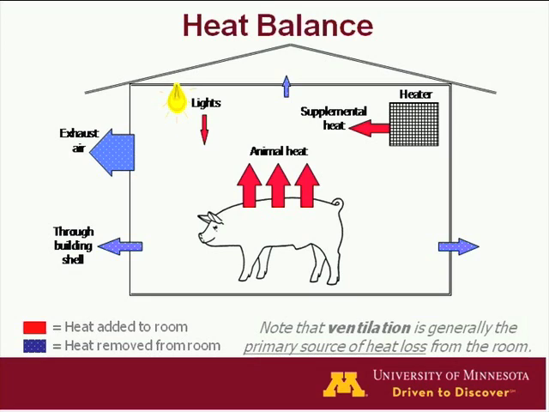You can see the arrows going through the walls and through the ceiling are relatively small, the blue arrows of heat loss. The exhaust air is a very big arrow, and that is the primary loss in a swine barn: the ventilation air.